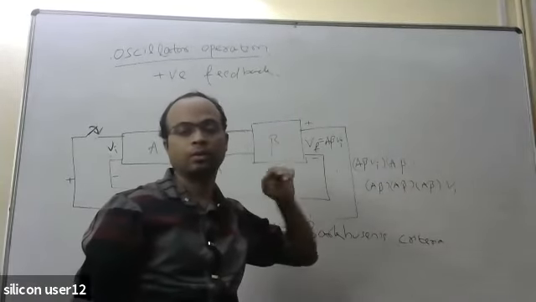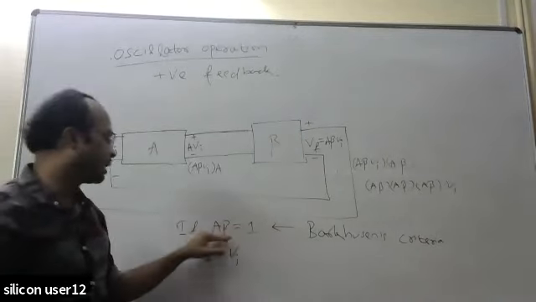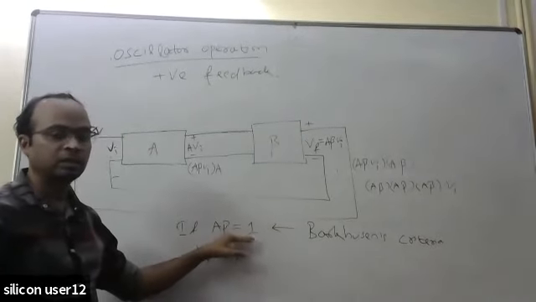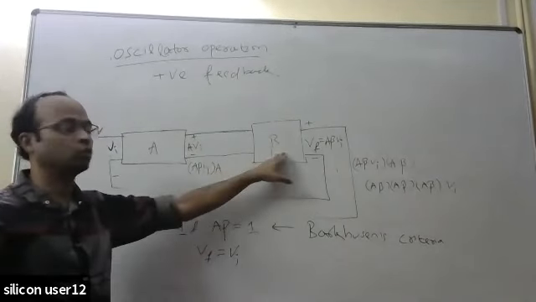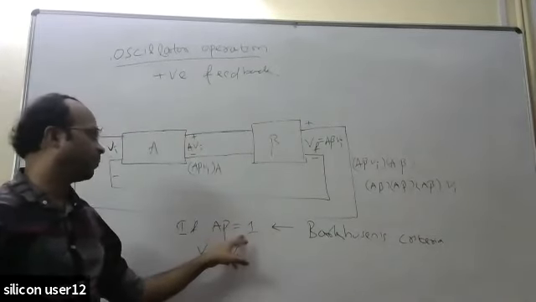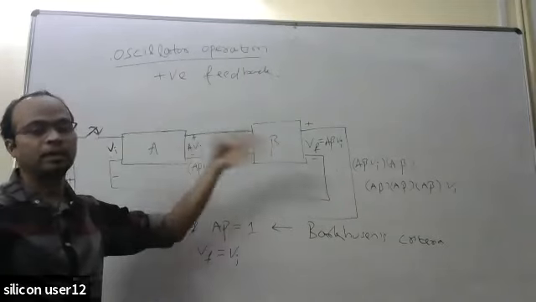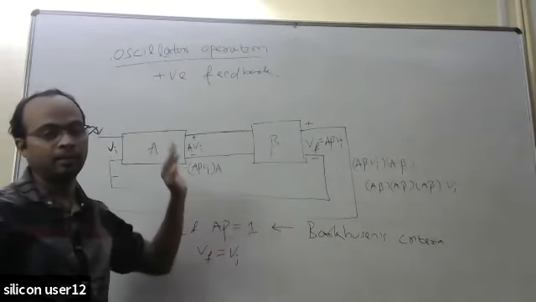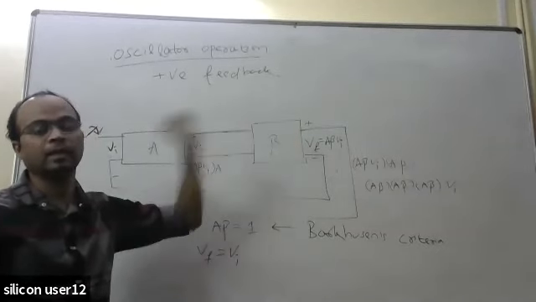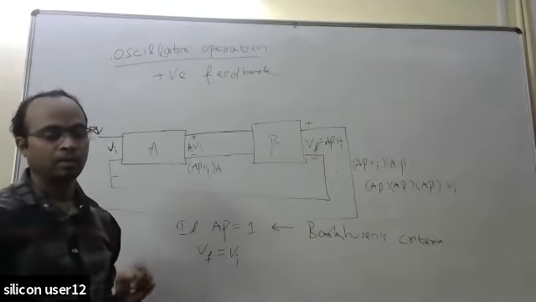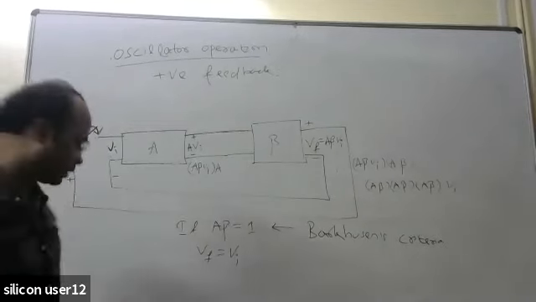Like this it will go on. And if this condition A beta equals 1 is satisfied, that means the A term and beta term are chosen such that A beta equals 1, then your oscillation will take place, because the output will not go on increasing, it will be constant at a particular level. So that we'll see.